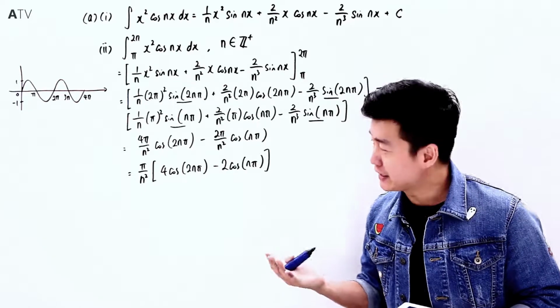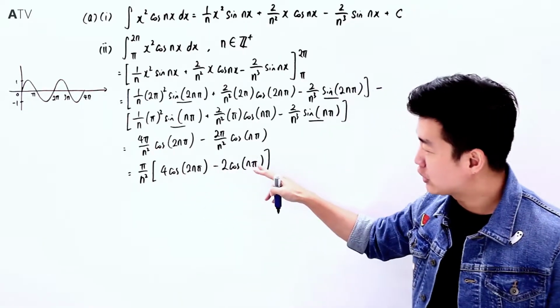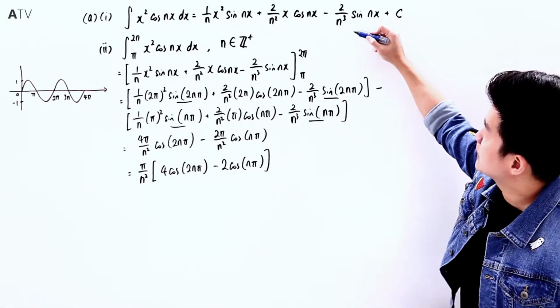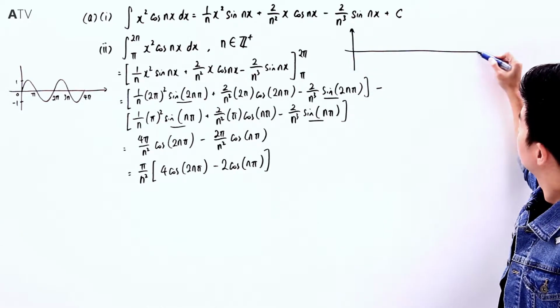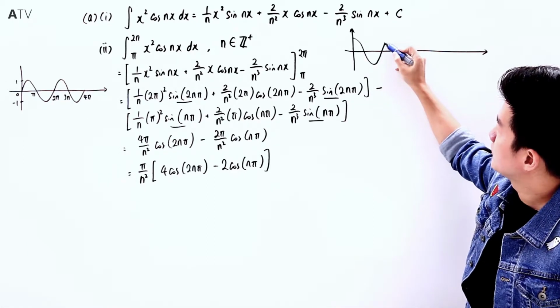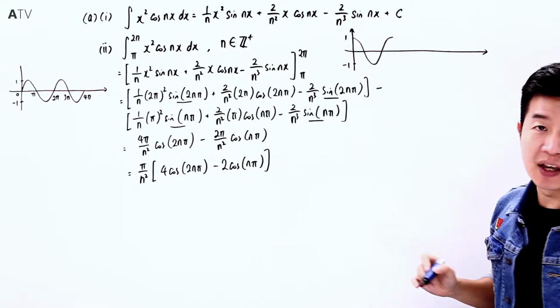And now let's do another round of analysis for cosine of an angle that is a multiple of π. If I were to revisit the cosine graph, let me sketch it here. For one period, it is going to be like this, fluctuating once again between -1 and 1.